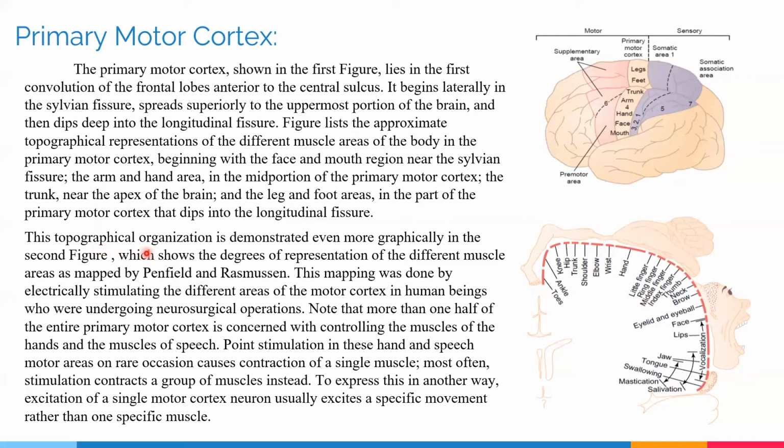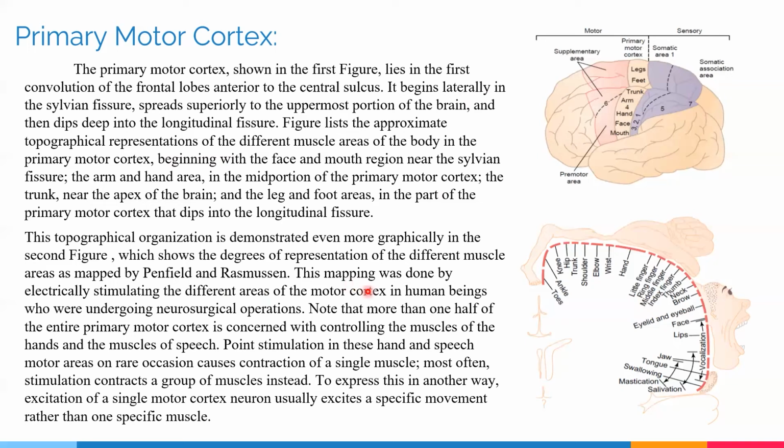This topographical organization is demonstrated even more graphically in the second figure, which shows degrees of representation of different muscle areas as mapped by Penfield and Rasmussen.